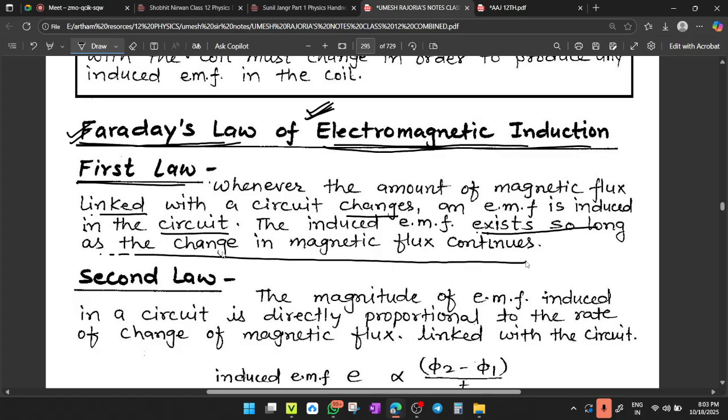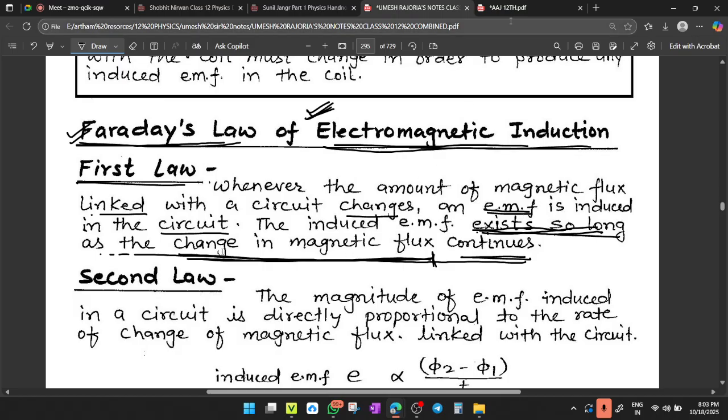Clear? It will exist up to the time there is a change of magnetic flux. As you stop the change in magnetic flux, the EMF will be zero. But as you continue the change in magnetic flux, the production of EMF will continue. Clear or not clear?